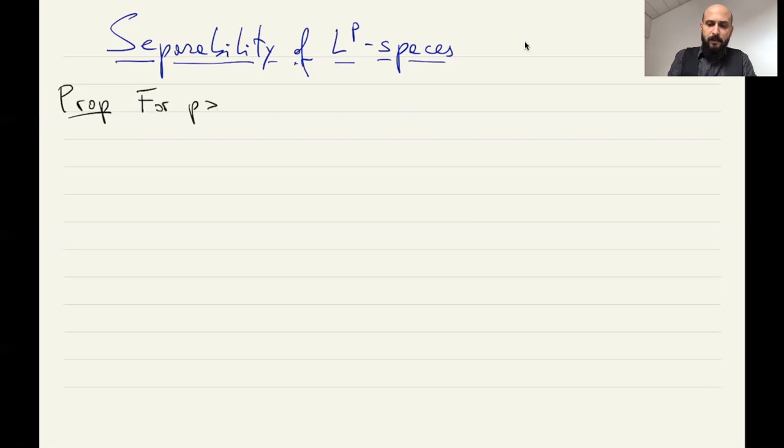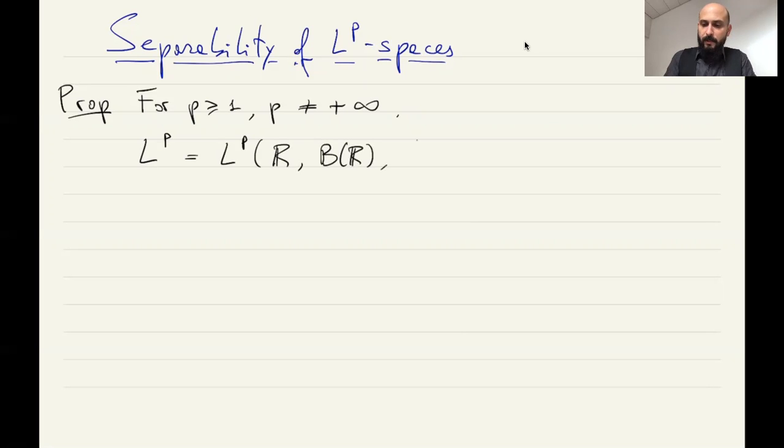So for p greater or equal than 1, p different than plus infinity, Lp of R with the Borel sigma algebra and the Lebesgue measure is separable.